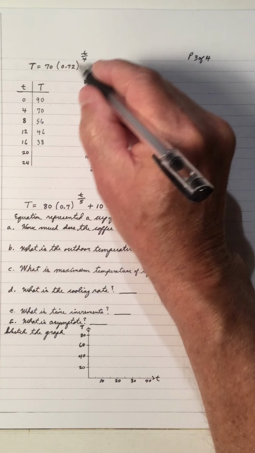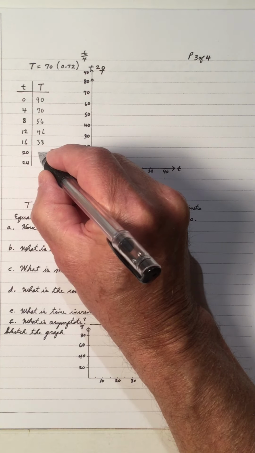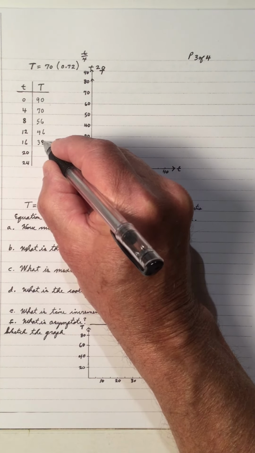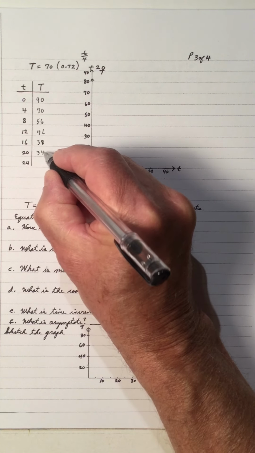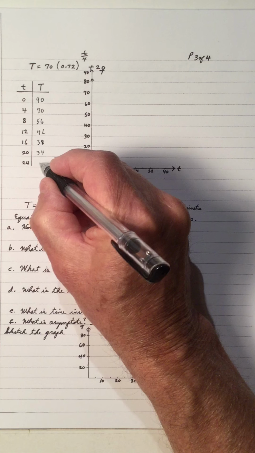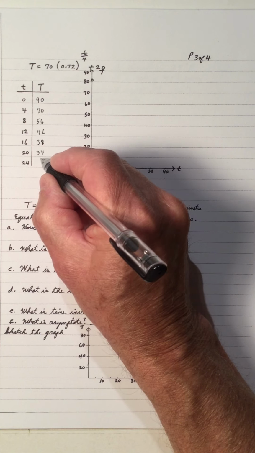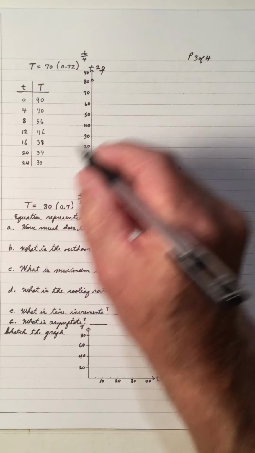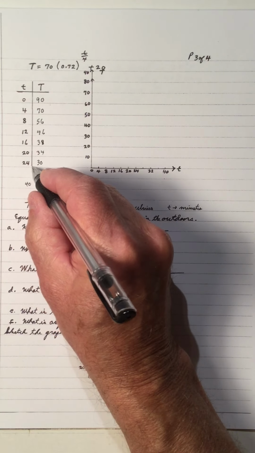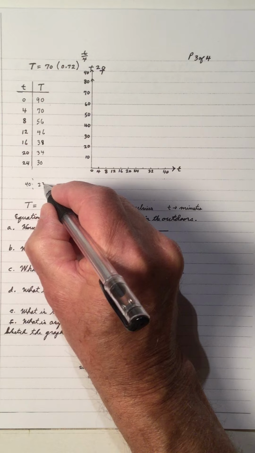Put a 20 in, you get a 5, and that's 34. Put a 24 in, you get 30, and if I go down to 40, you'll get 23.